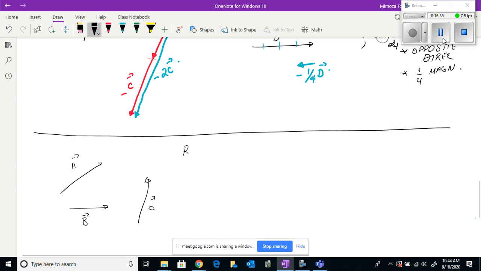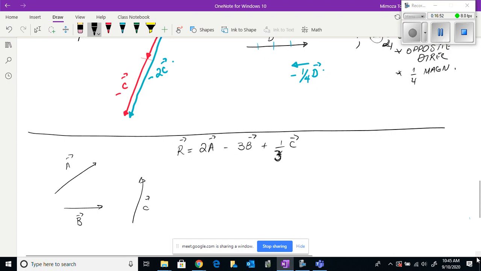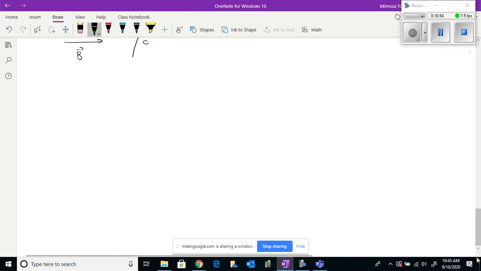And what we are doing now is we are finding 2A minus 3B plus 1 over 3C.